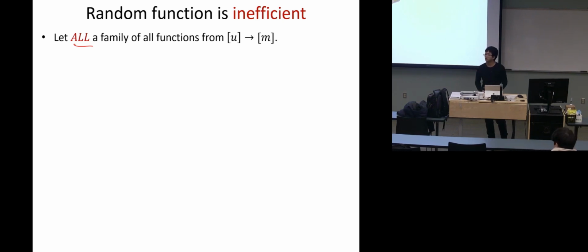Yeah, M to the U. Why? You choose an element in the codomain for each of the U elements in the domain. Exactly. So it's M to the U because for each guy in the universe, you have M choices. So you have U many guys, each guy has M choices, so you get M to the U choices.